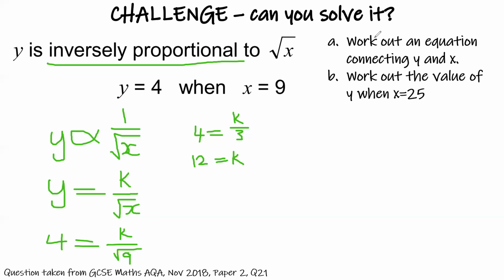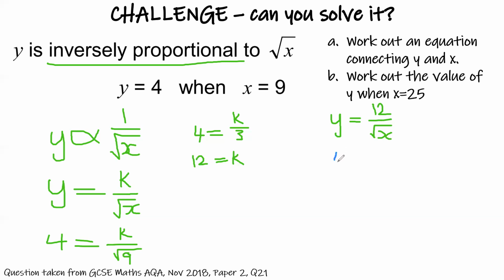So we can then write an equation, which is the first part of this question. We have y is equal to, substitute 12 in where k is, 12 divided by the square root of x. So this is our equation. And then it's asked us to use that equation to work out the value of y given a value of x.